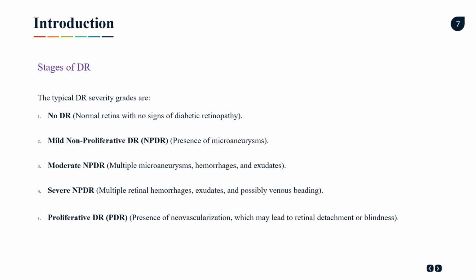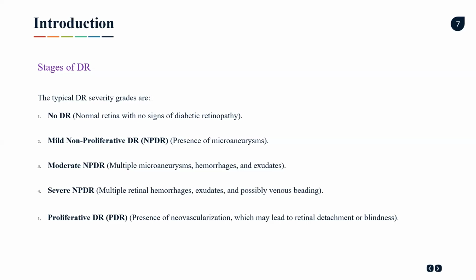These are the stages of DR, because there are severity levels of DR. DR shows microaneurysms, exudates, hemorrhages, and vascular swelling in the eye, and it has two stages: non-proliferative diabetic retinopathy and proliferative diabetic retinopathy. NPDR is again classified into three stages: mild, moderate, and severe.